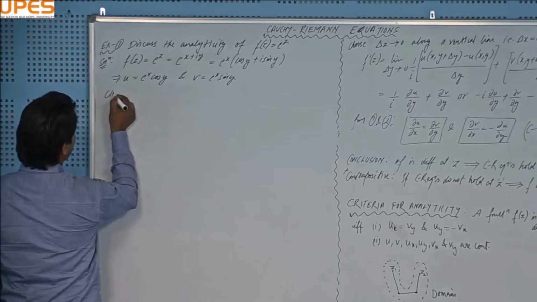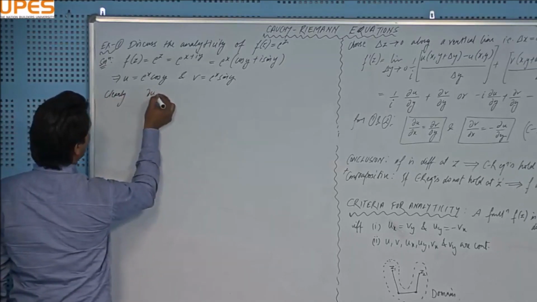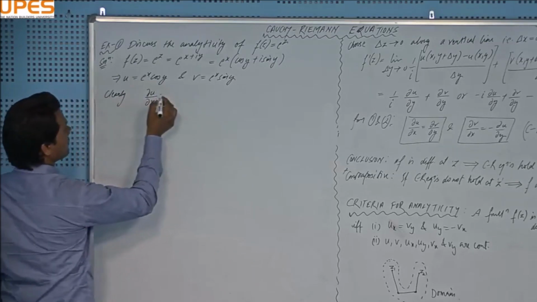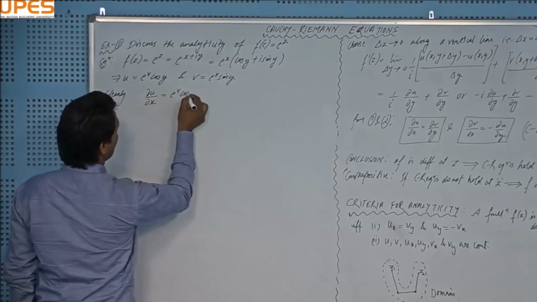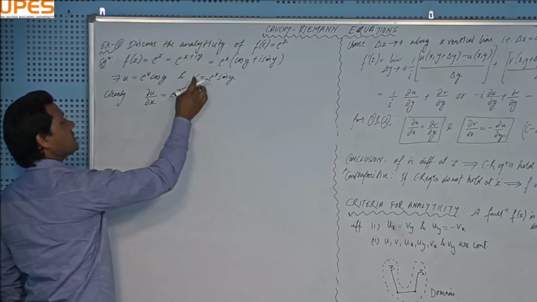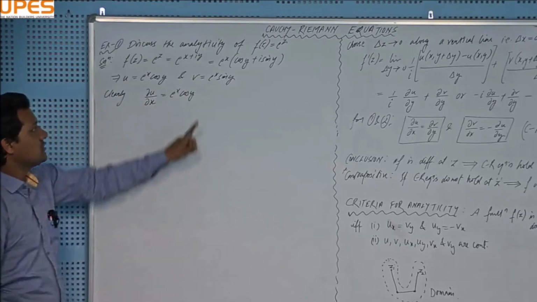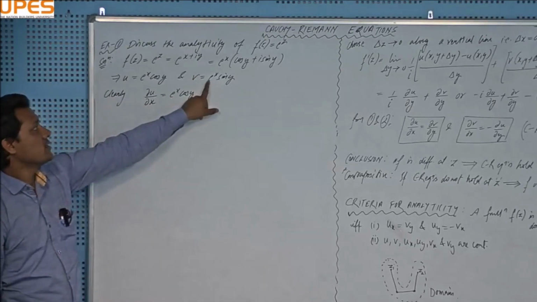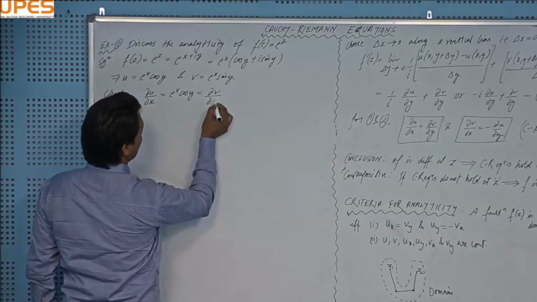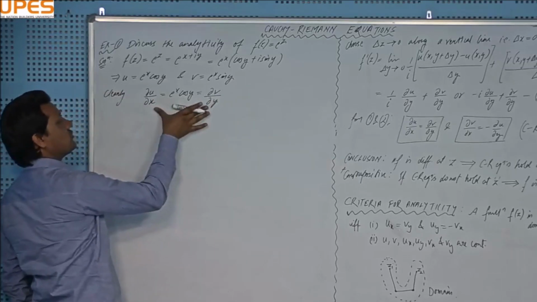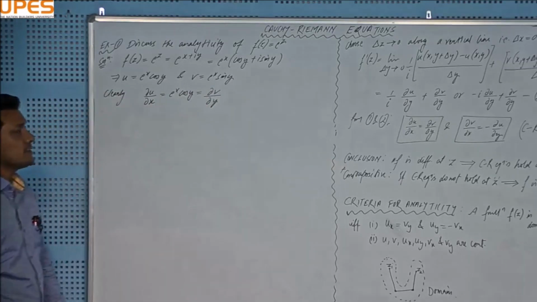If you find del u over del x, differentiating with respect to x, you will get e to the power x cos y, and if you find del v over del y, differentiating with respect to y, that will give you e to the power x cos y, right? And eventually del u over del x and del v over del y are the same, you can check that, right?